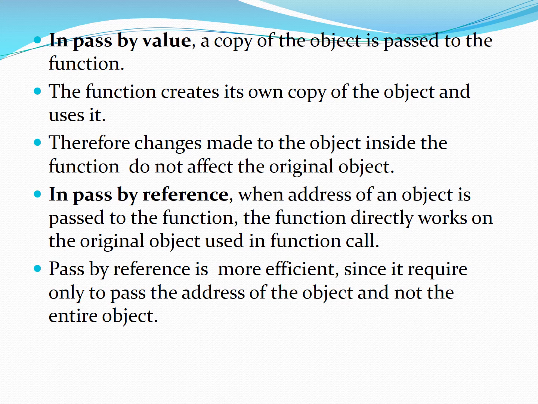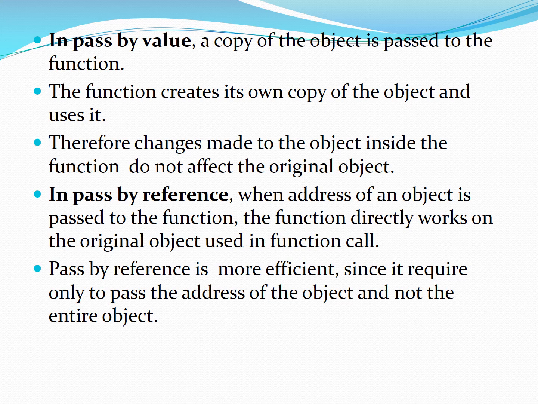When the address of an object is passed to the function, it directly works on the original object used in the function call. Pass by reference is more efficient since it requires passing only the address of an object and not the entire object.